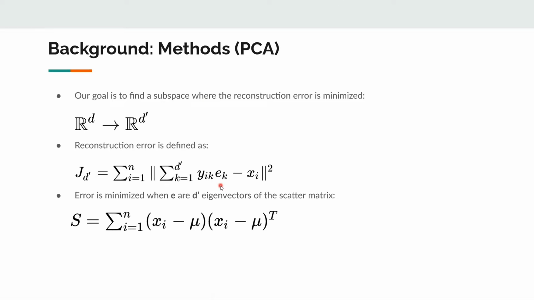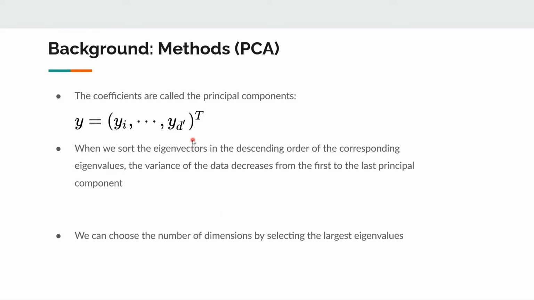And we can say that this error is minimized when the E's are the D prime eigenvectors of the scatter matrix. And Y values are called the principal components. When we sort the eigenvalues in descending order and select the corresponding eigenvectors, we find that the most variant dimension is the first one, and so on, so that we can select the number of dimensions by looking at the eigenvectors.